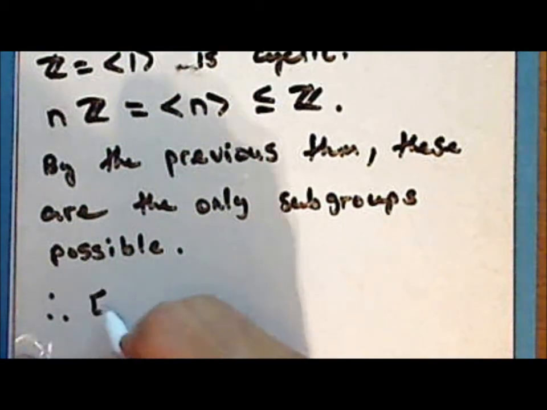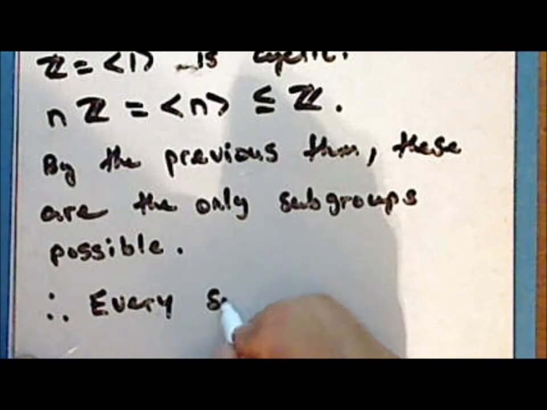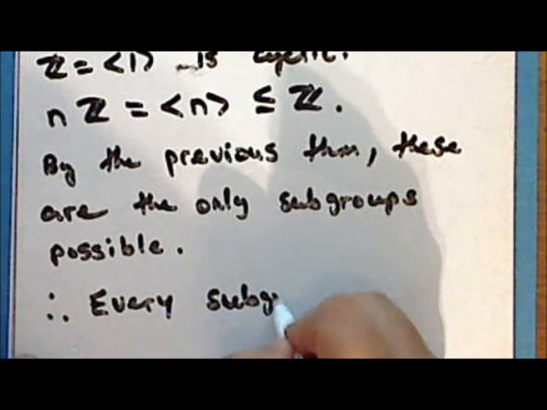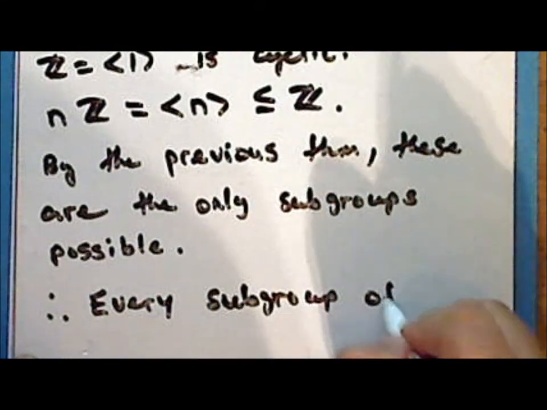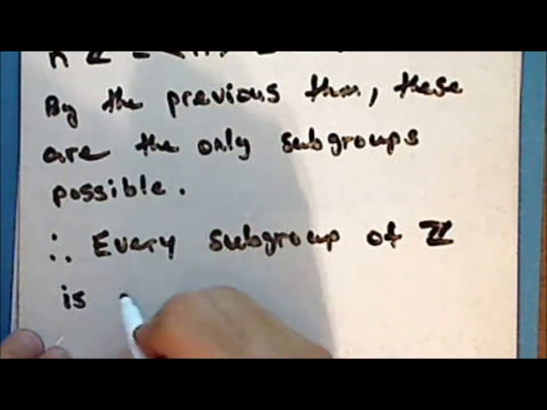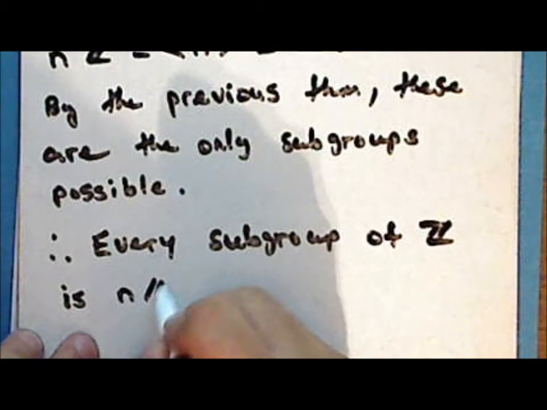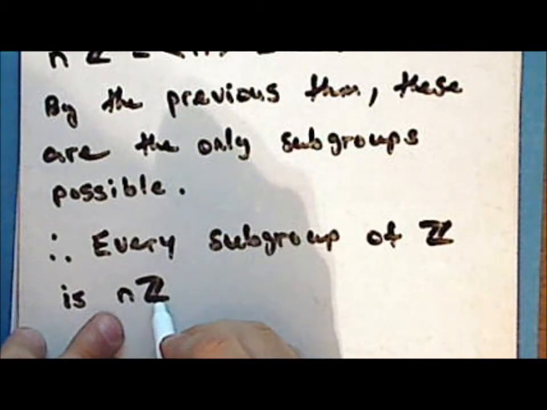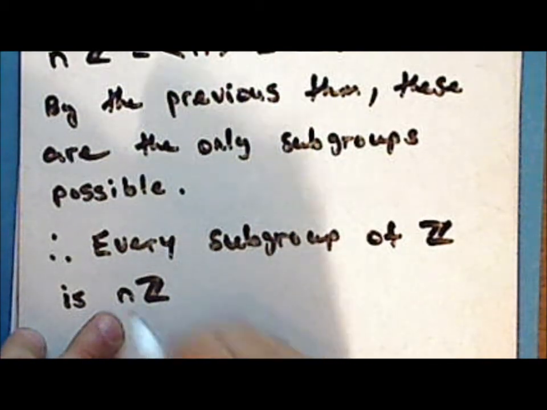And therefore, every subgroup of the integers under addition is the group of integer multiples of some integer n.